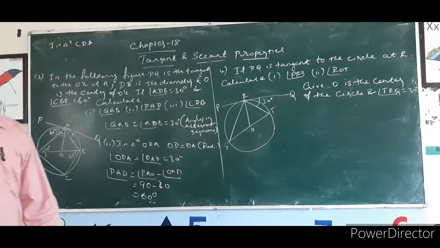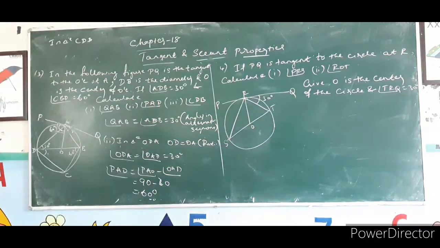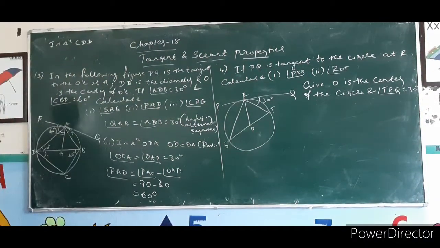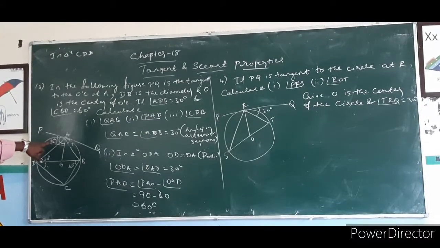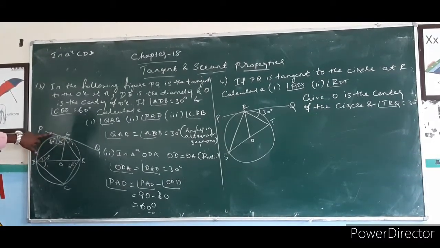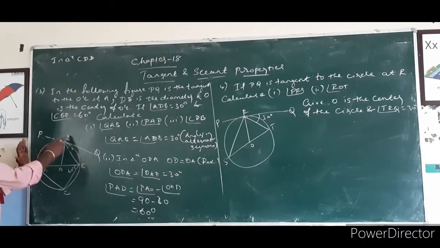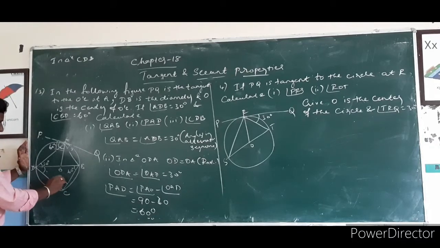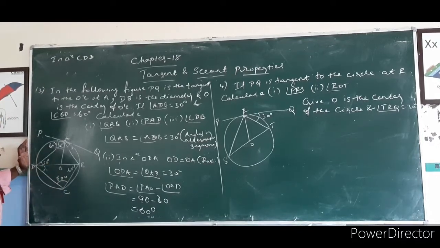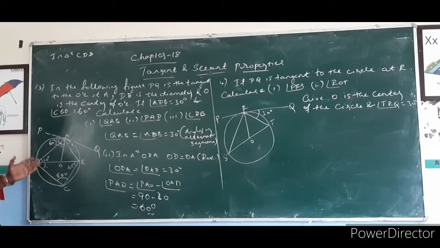In that triangle CDB, add all the angles. Look at here, the angle between this tangent and the chord AD, it is equal to here 60 degree. This is 60 degree, the alternate angle. So if you subtract, you will get all the angles.